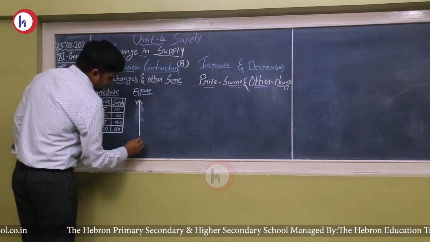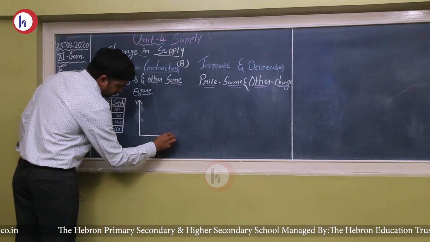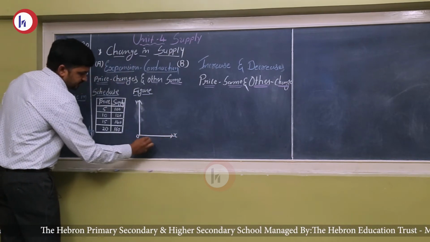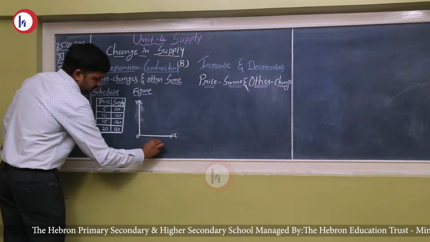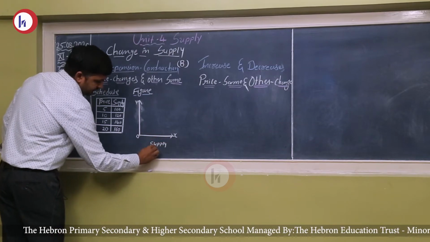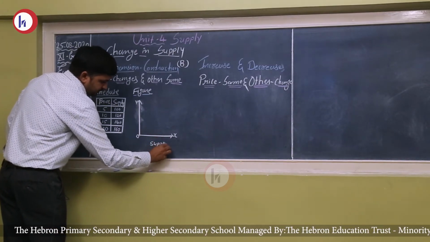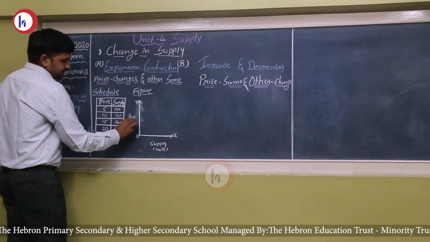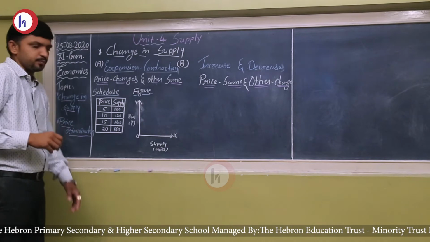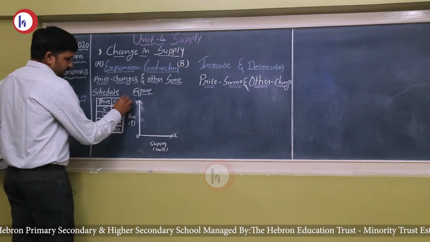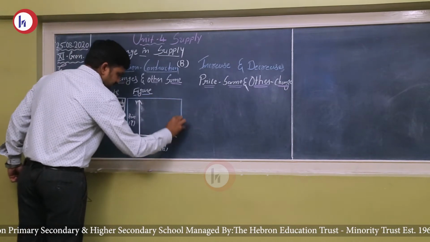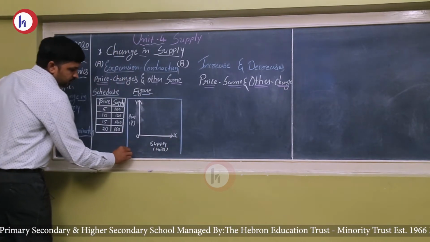Let it be the y-axis, let it be the x-axis, 0. Supply, that is in units, and as we all know, price in rupees. After the completion of your presentation on the X and Y axis, please draw the box.